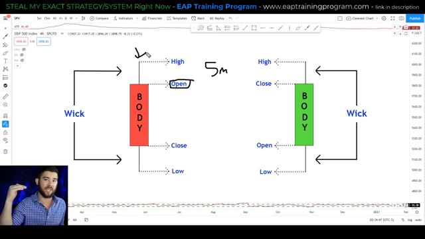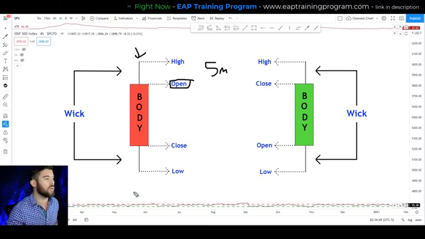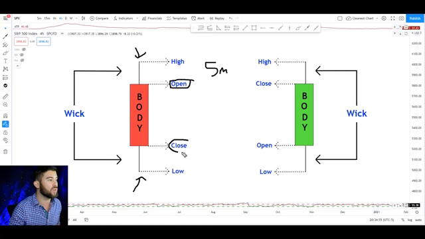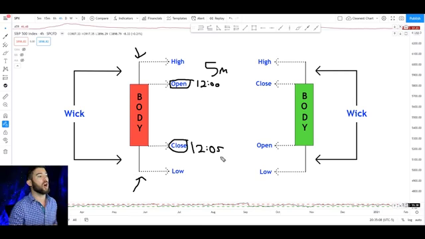That's the highest point price got to within 5 minutes. The low is the lowest wick on that candle. That's the lowest point price got to in 5 minutes. And the close is the closing price after 5 minutes of data on a 5-minute chart. Again, if we started this at 12 o'clock, then the closing price would be at 12:05. And this candle shows you all of the action of price between 12 and 12:05 if you're on a 5-minute chart.